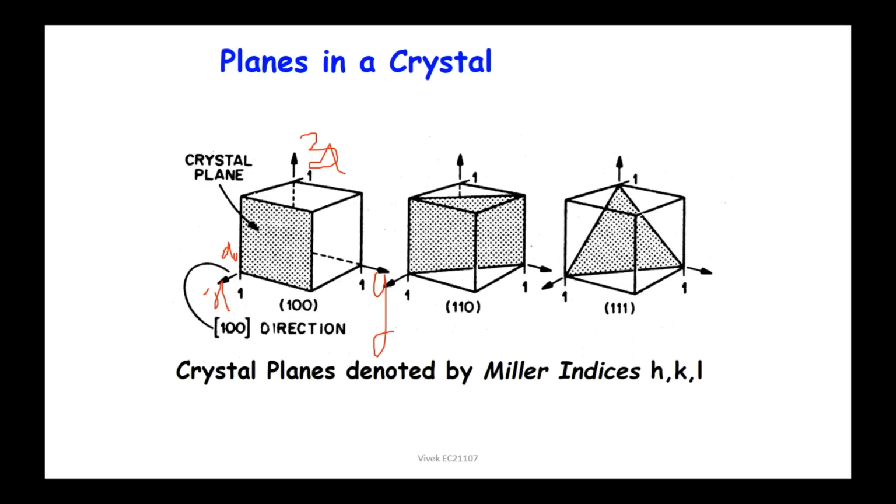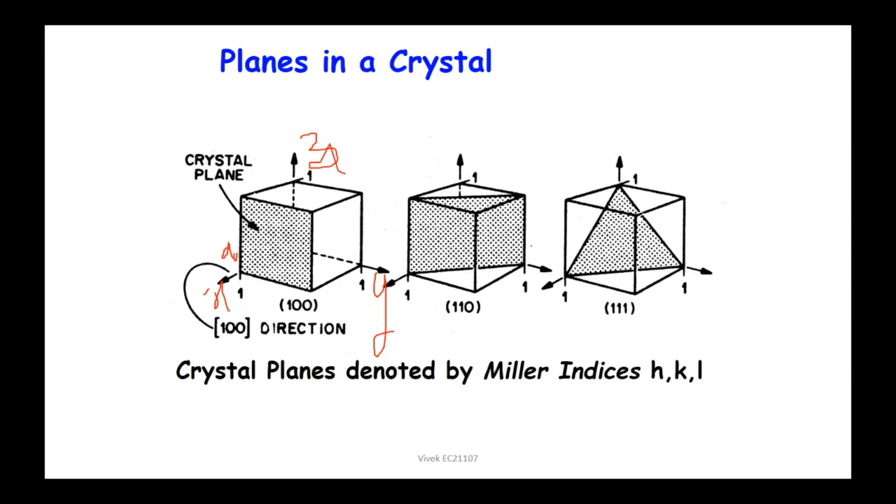So there is an intersection at a, infinity and infinity. So this is basically perpendicular to the x-axis. So there is a plane perpendicular to the [100] direction, and that plane is (100) in parentheses. So you note the difference. Parenthesis (100) is the plane 100, and square bracket [100] is the direction 100.